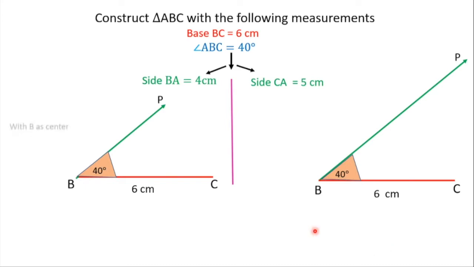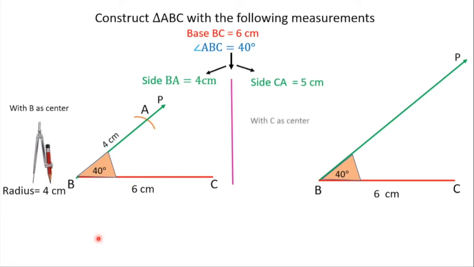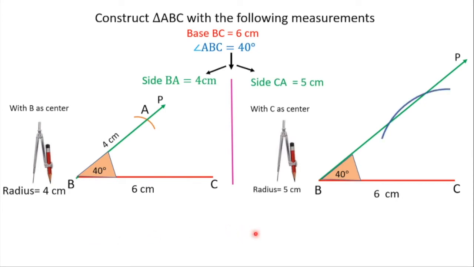With the help of compasses, taking radius as 4 centimeter and B as center, let us cut this ray BP at some point, and let this point be called the point A. Now, in the second case, with C as center, because CA is given, the radius is equal to 5 centimeter. With CA equal to 5 centimeter, we have to cut an arc like this.